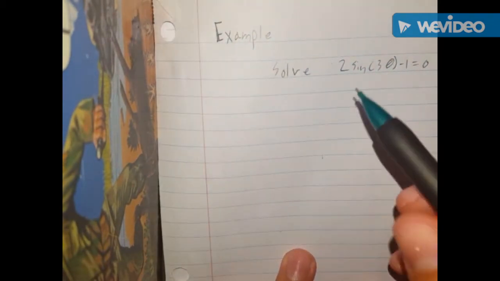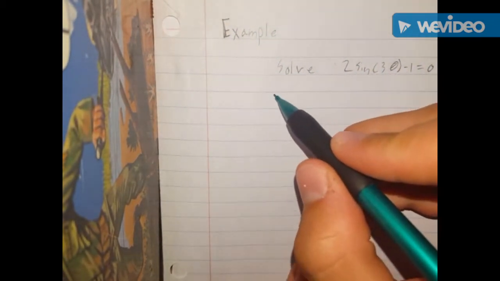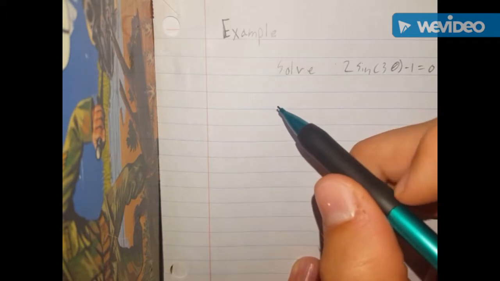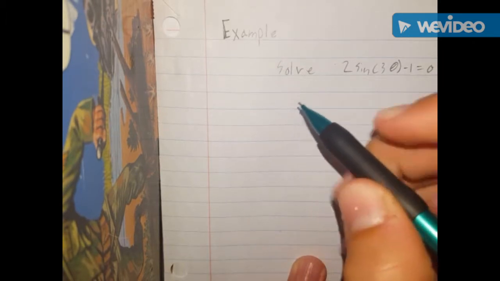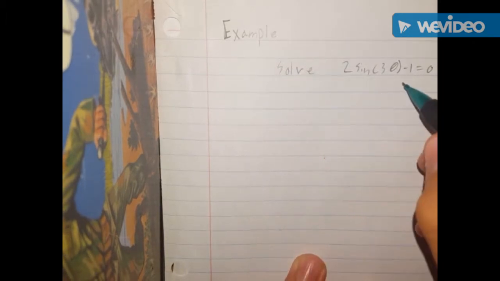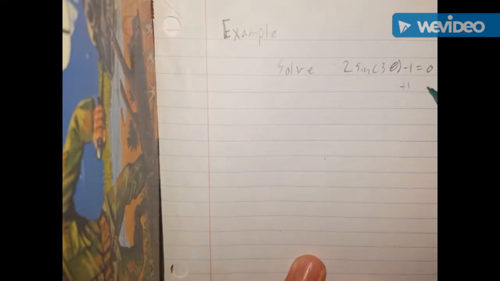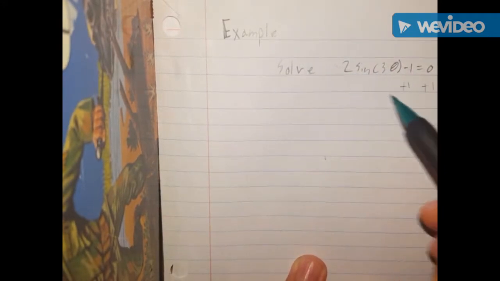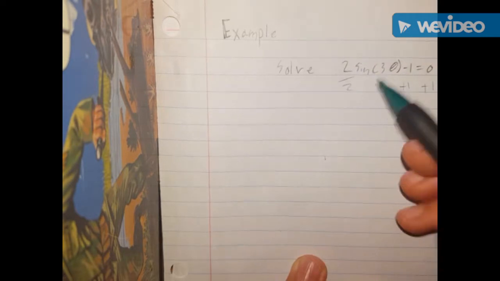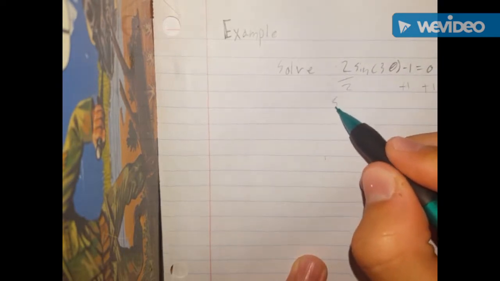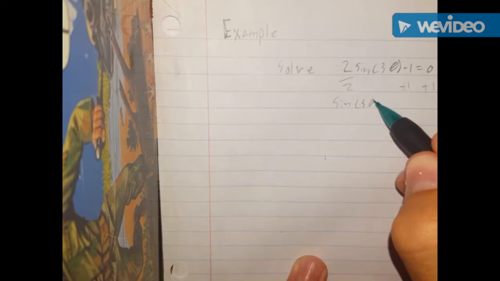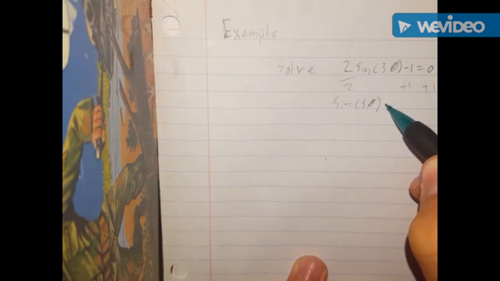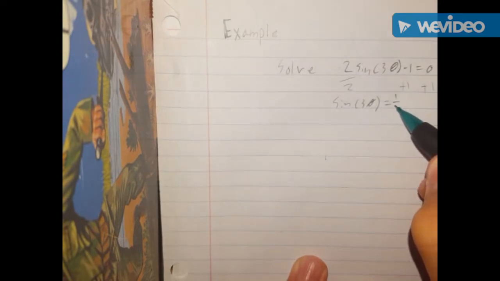So the first thing we want to do when we're solving these equations is to isolate the sine 3 theta. And you'll do that by adding 1 to both sides and then dividing both sides by 2 to get sine 3 theta equals 1/2.